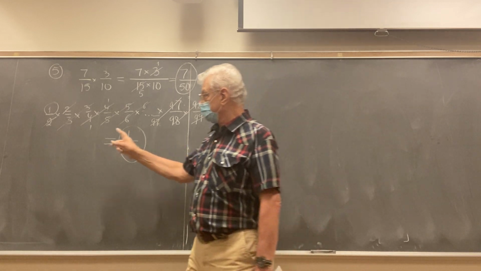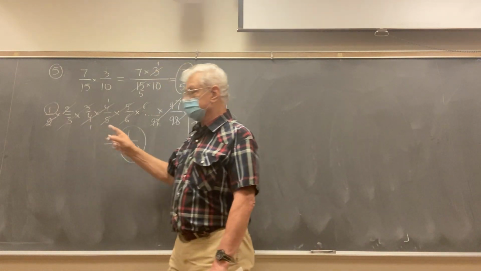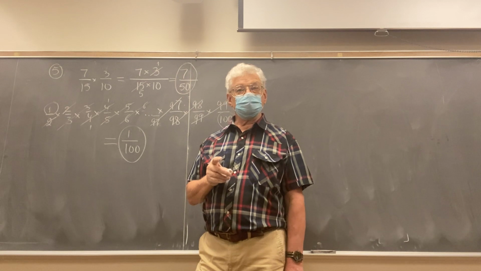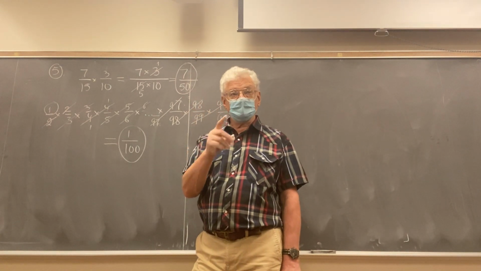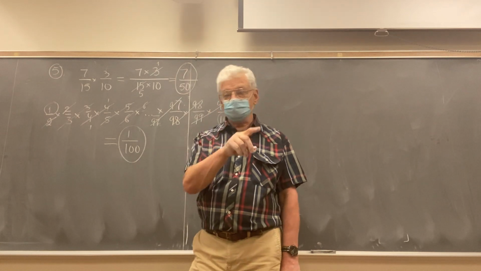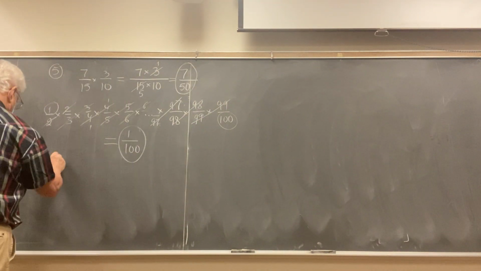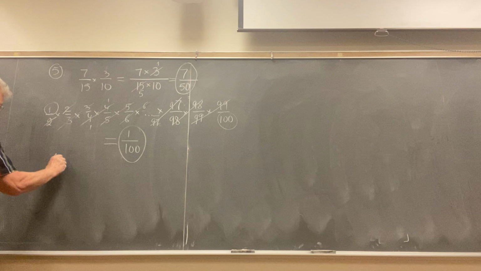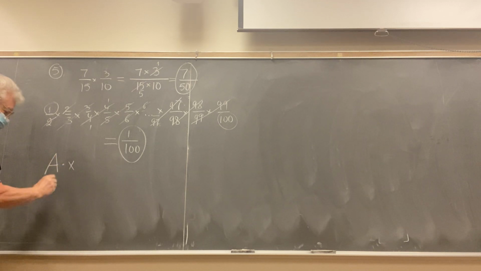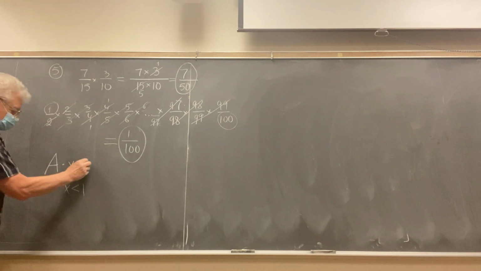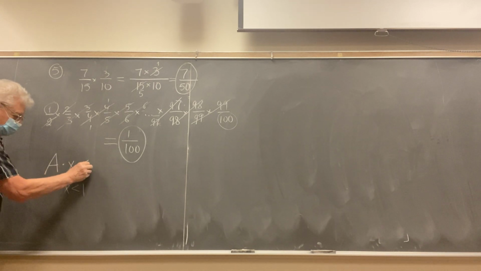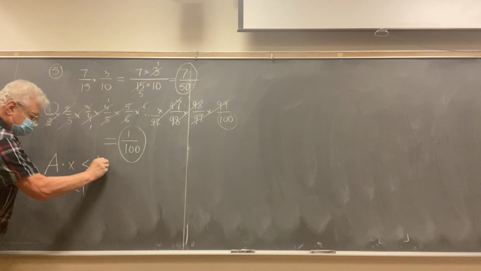So when you multiply, you see all the fractions are less than 1. If you multiply a number by another number less than 1, you get a number less than your number. So suppose your number is a, and you multiply by some x, and x less than 1. So therefore, it will be less than a times 1.